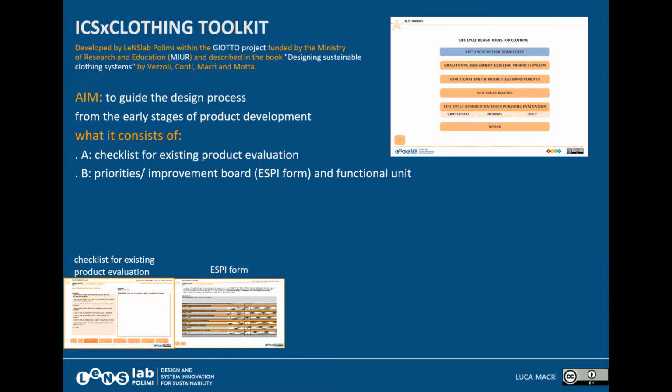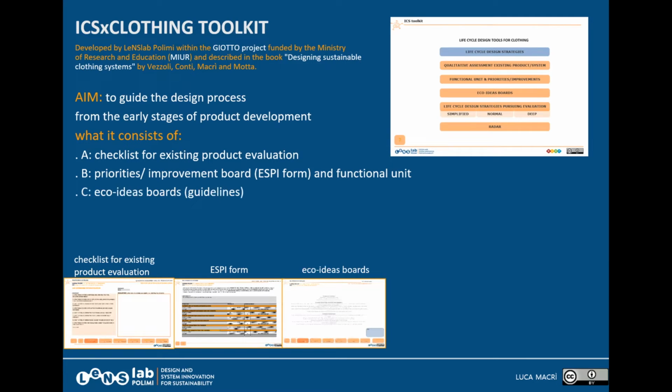So don't consider a product as just a product, but in its entire life cycle, all the phases. And the second one is functional units. So don't think about, again, just a product, but as a performance you are giving in time. So in this board, the ESPI form, you see the priorities, and you can write down the functional unit. This is also useful at the end to make a comparison with your concept, but we will see.